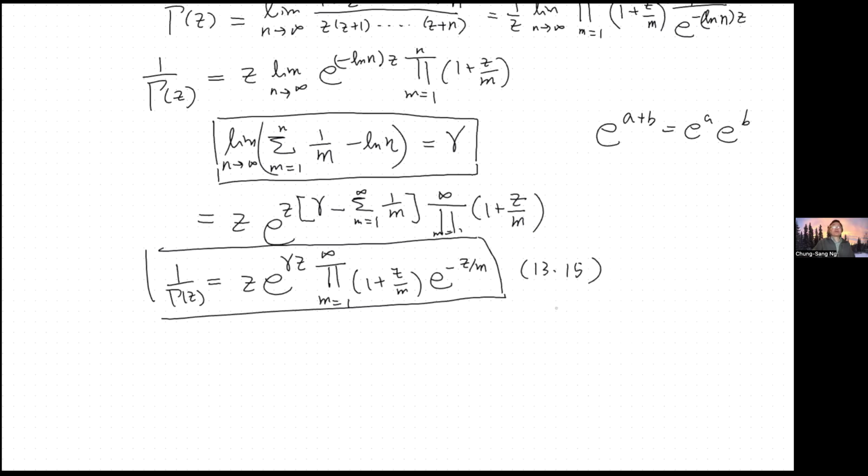So this function has no pole in the entire complex z plane except infinity. That's called an entire function, right? This is due to the fact that gamma of z has no zero over the complex plane. It has poles at zero and the negative integers, but no zero. So 1 over gamma of z has no pole. That's another property of the gamma function.